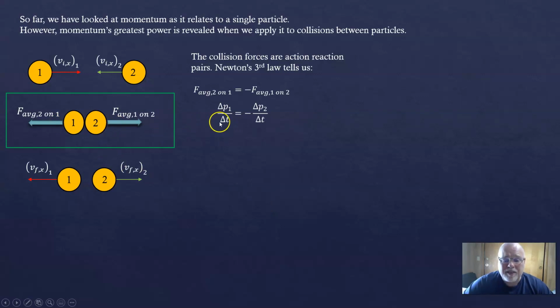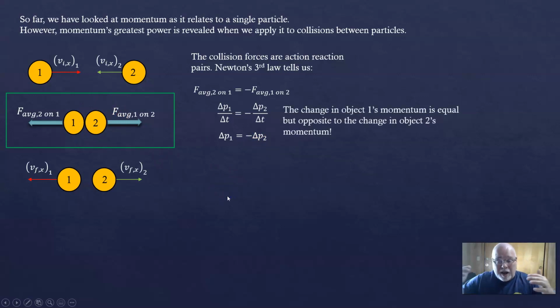And so what that means is that I can divide the delta t's out of this equation, and what I'll wind up getting is that the change in the momentum of object 1 has got to be equal to the opposite of the change in the momentum of object 2. In other words, there it is: the change in object 1's momentum is equal but opposite to the change in object 2's momentum.